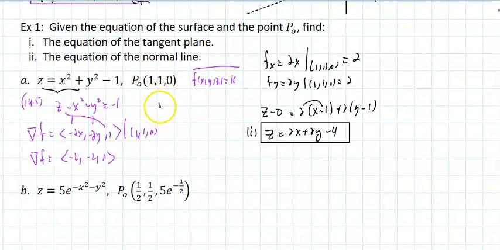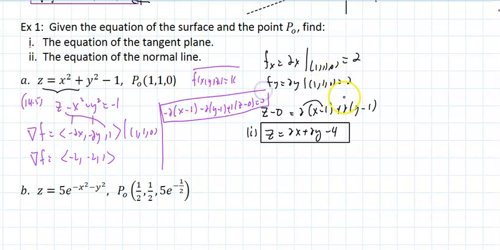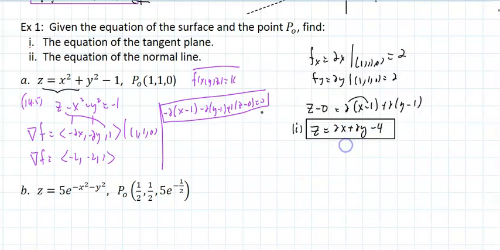So, if I want to find an equation of a plane, I could say negative 2 into x minus 1 minus 2 into y minus 1 plus 1 into z minus 0 equals 0. This equation and that equation are identical. I just want to point that out.